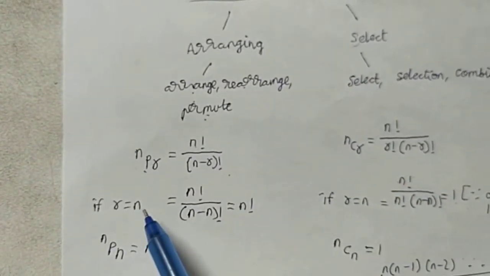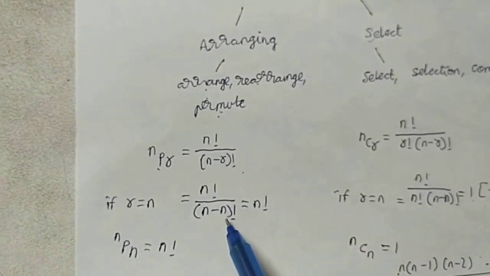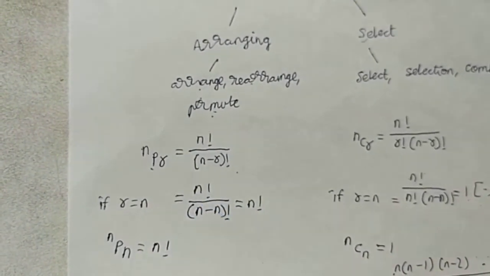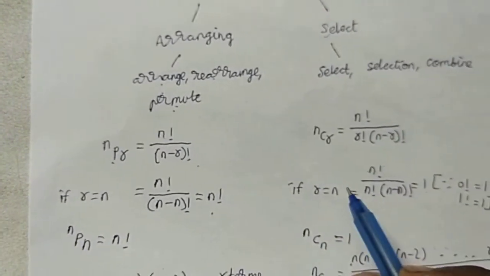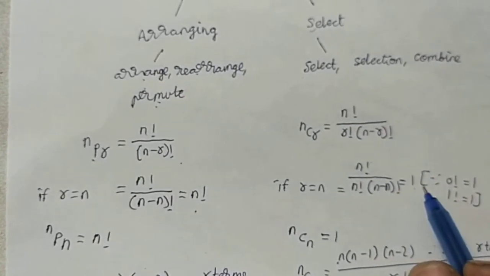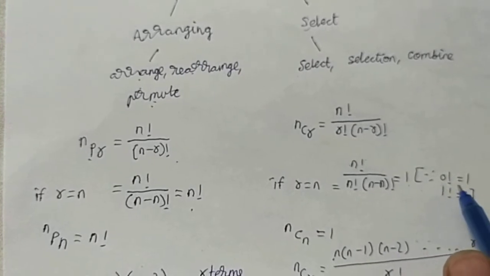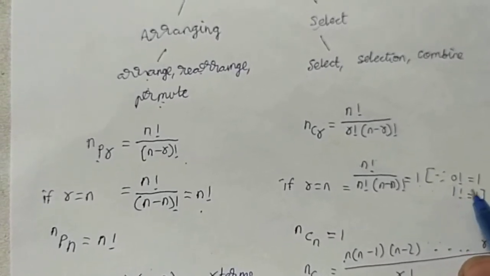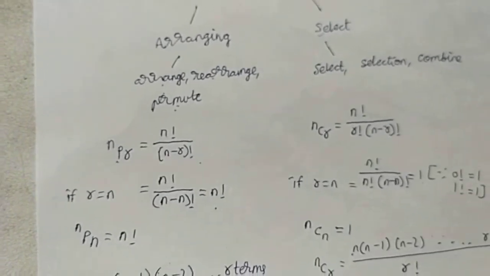If r is equal to n, in place of r we have to put n. In permutations we get n factorial. If we put r equal to n in combinations, we get 0 factorial, which is 1. 0 factorial and 1 factorial both have the value 1.